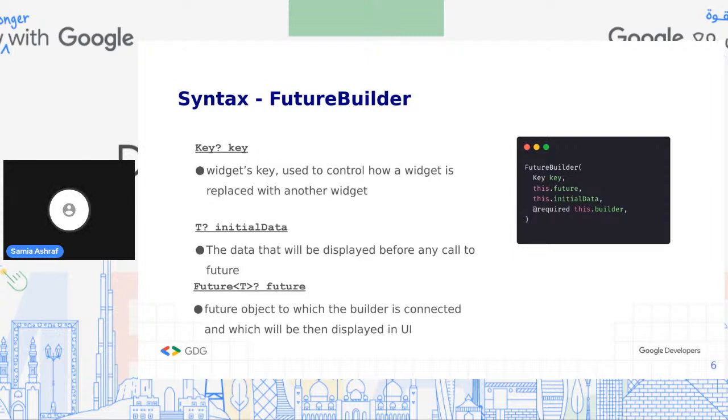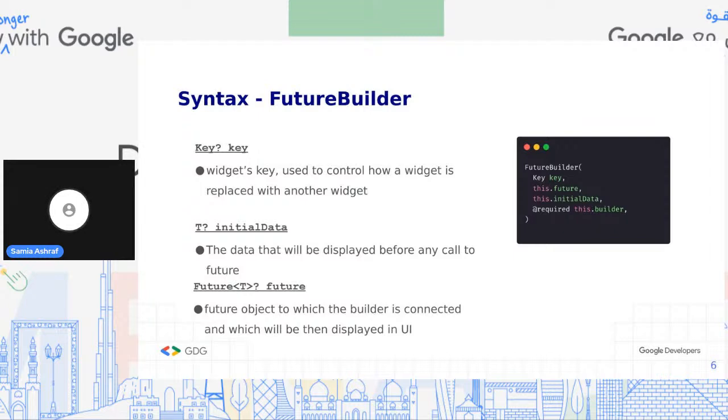And next we have the initial data. The initial data is the data that will be displayed before any call to the API is made. This is the data which will load when the app runs initially, so the initial state of the widget.